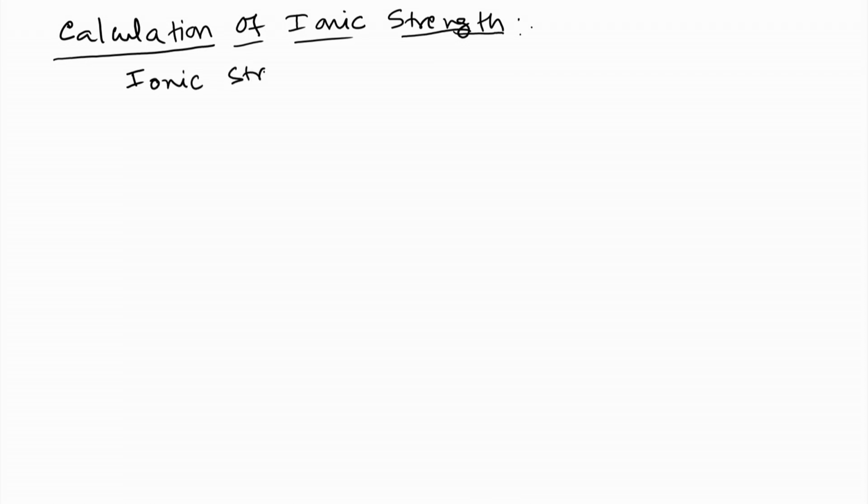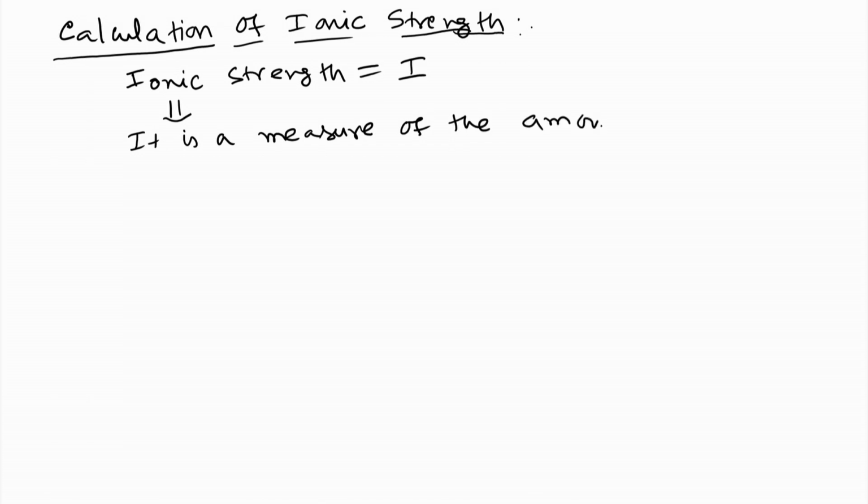Ionic strength, which we define by I, is a measure of the amount of ions present.